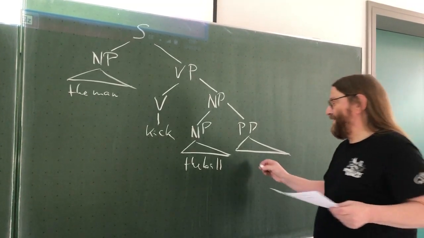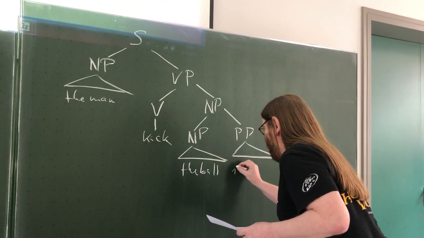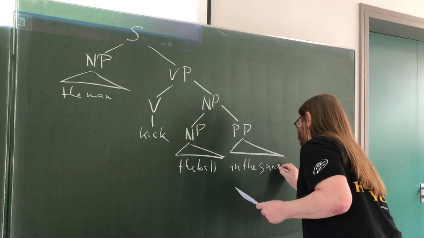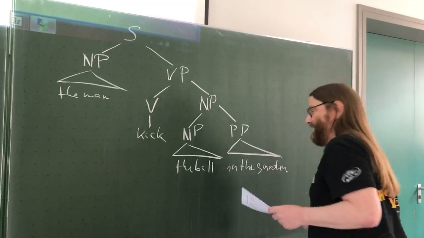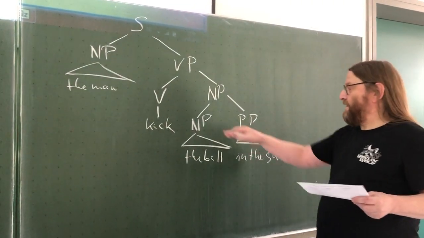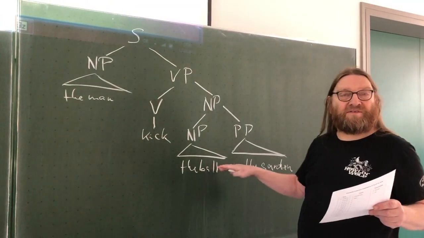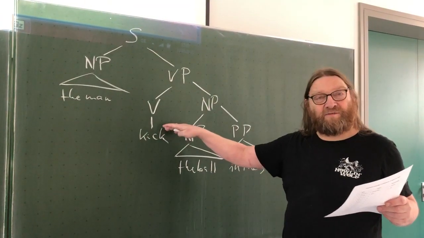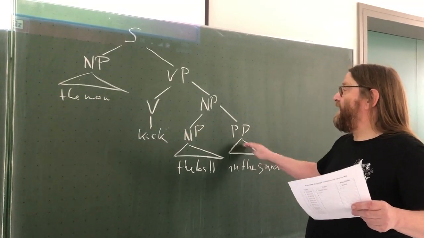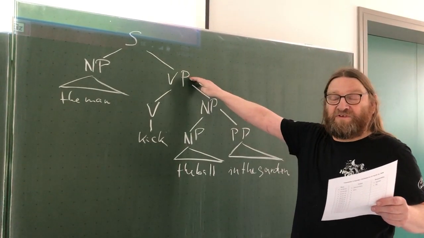Once again, the standard thing, the prepositional phrase. Is in the garden, and as you already know, this structure means that the ball is in the garden, not that the kicking takes place in the garden. If the kicking took place in the garden, I would join the prepositional phrase here.